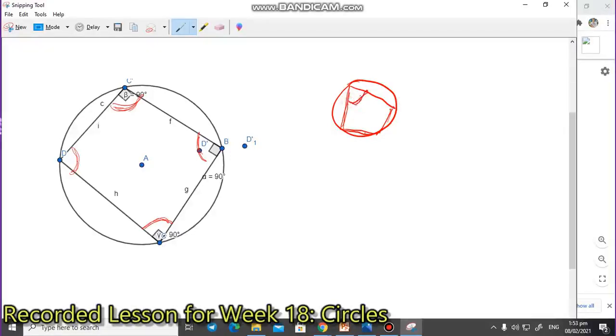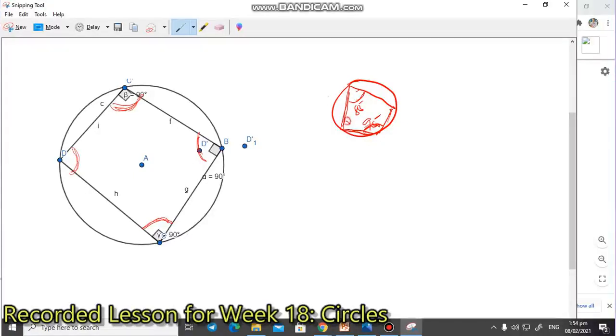Now, for example, the measure of this side is 45 degrees. Wait lang. Let's say this is 85 degrees. Okay. Therefore, this is equivalent to 95 degrees. Why? Because according to the corollary, the opposite side of the quadrilateral is equivalent to supplementary angles or 180 degrees.